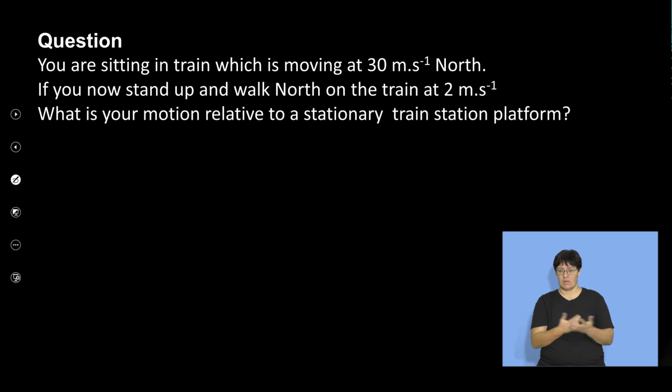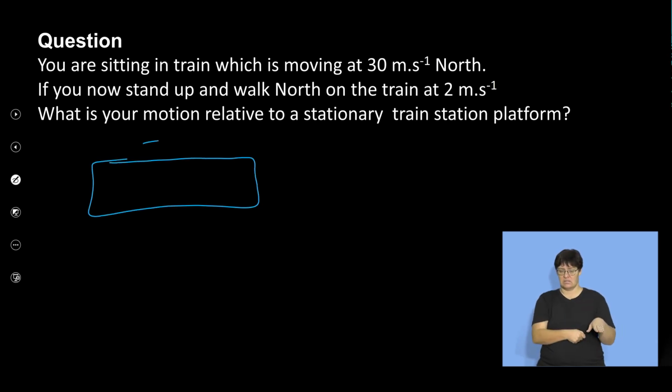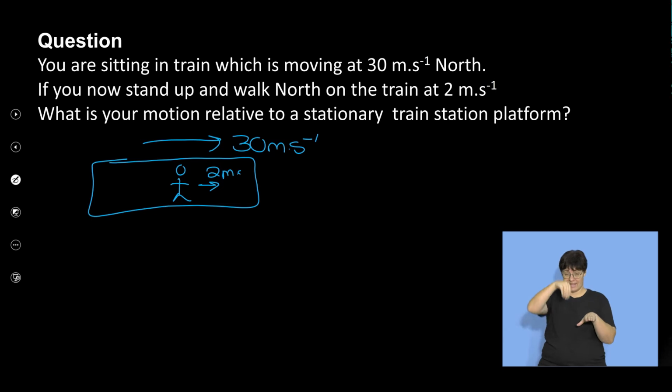Now they want, what about the person on the train station? Well, here's the train again, going at 30. Here's you going for a walk at 2. Now this one's fun, because what's the person going to see? The person's going to see the train come past at 30, but at the same time there's someone walking in the train going at 2.